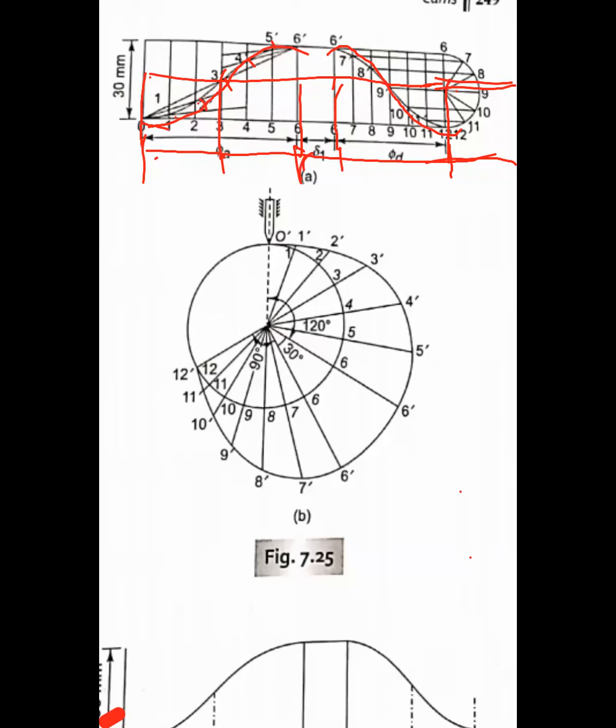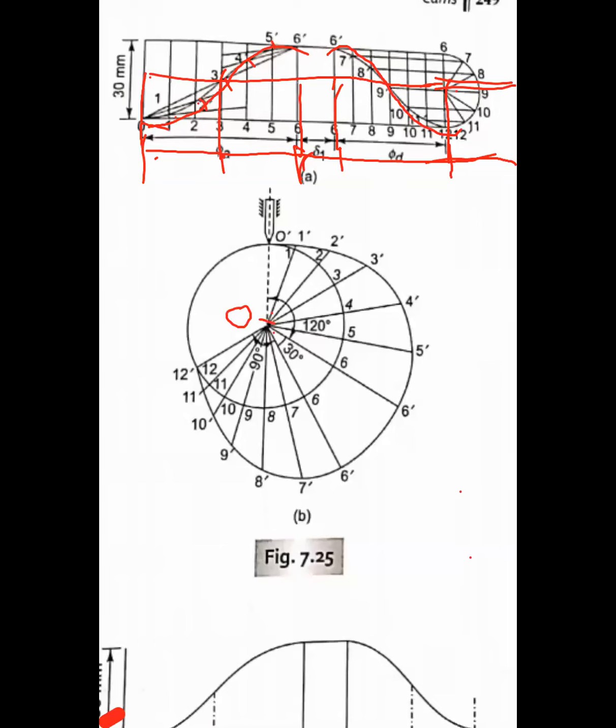So that means the right side portion is also divided. First you have to draw one horizontal line and one vertical axis line, take the point O, and now place our follower. The follower is knife edge.